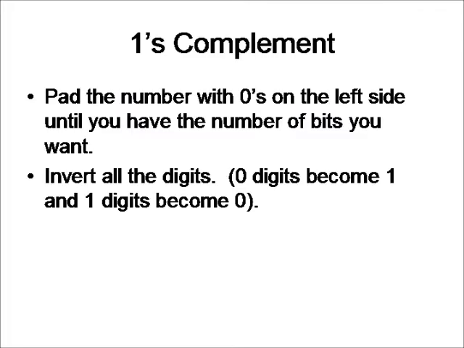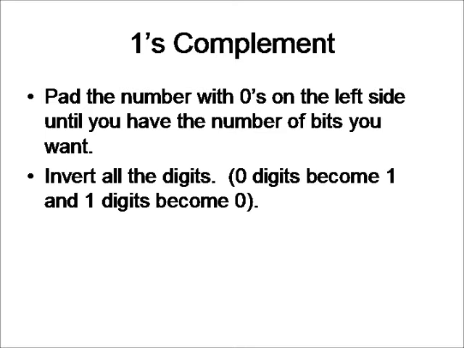So I will just have to pad 1 0 like so, and then I invert all the bits. So zeros become ones, and ones become zeros. There, and that is the ones complement. The answer is 1011010.